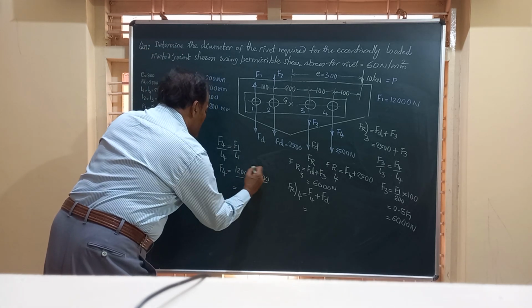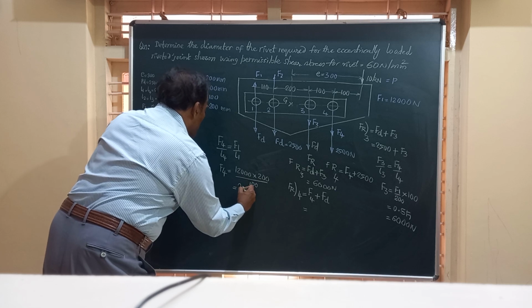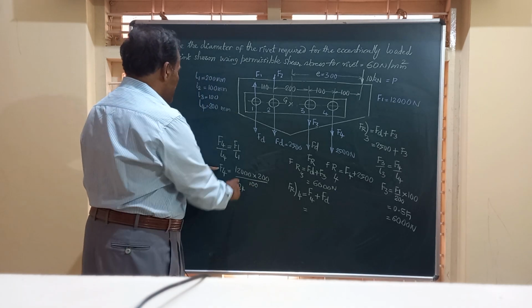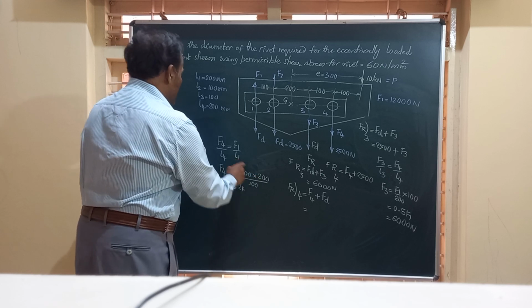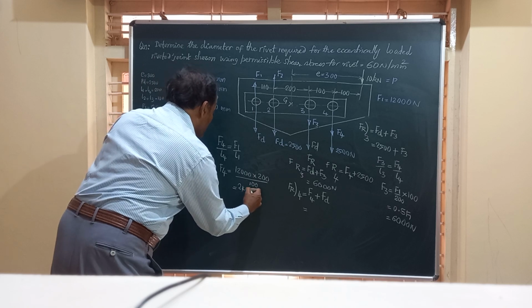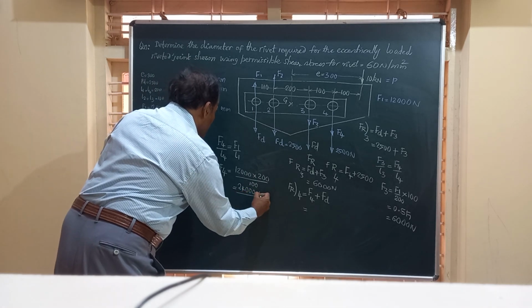Friends, this works out to 24,000. F4 is equal to F1 into L4 divided by L1. Yes, this is 24,000 Newton.